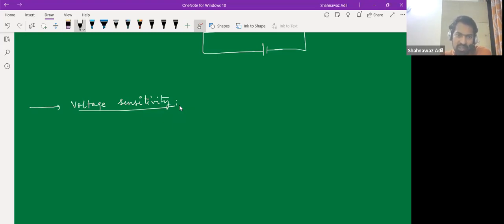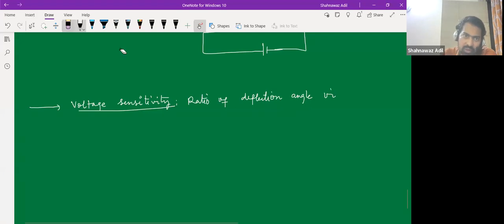The ratio of deflection angle and current. So similarly, what would be voltage sensitivity? Deflection angle with voltage. Absolutely right.